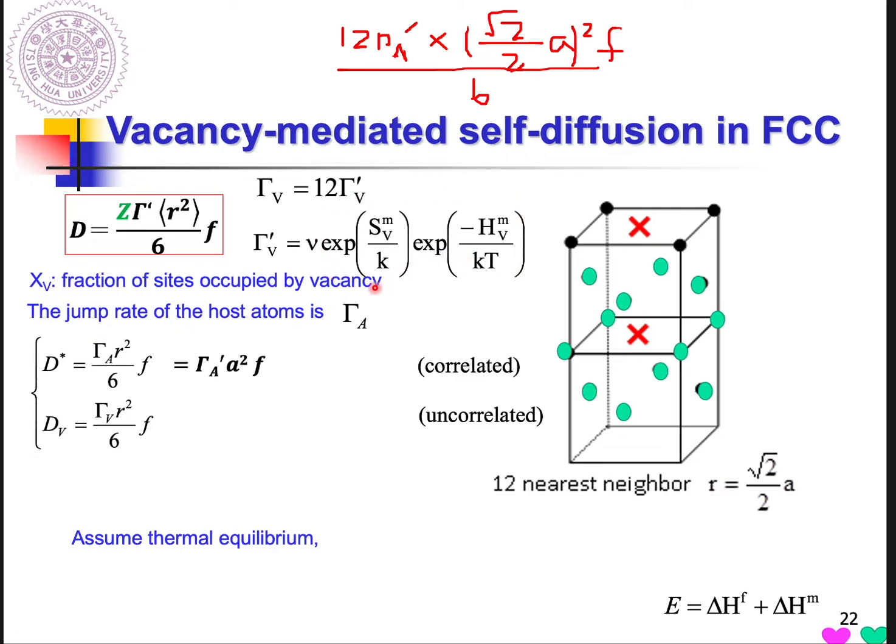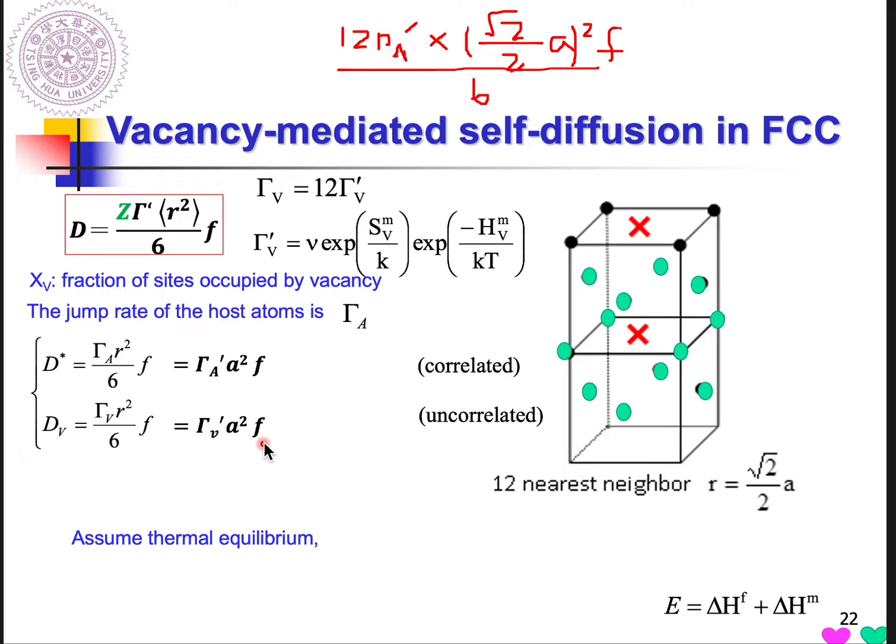We mentioned that on the first slide of this lecture. So you can express it as gamma V prime R squared F, the same thing, just changing the A to V.